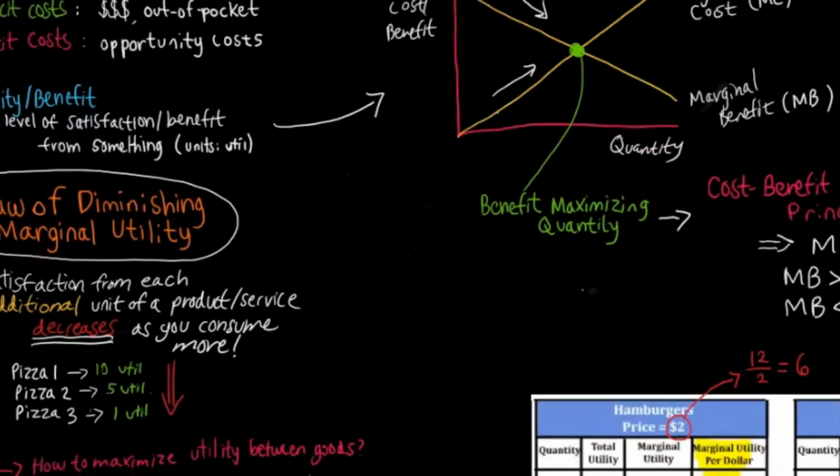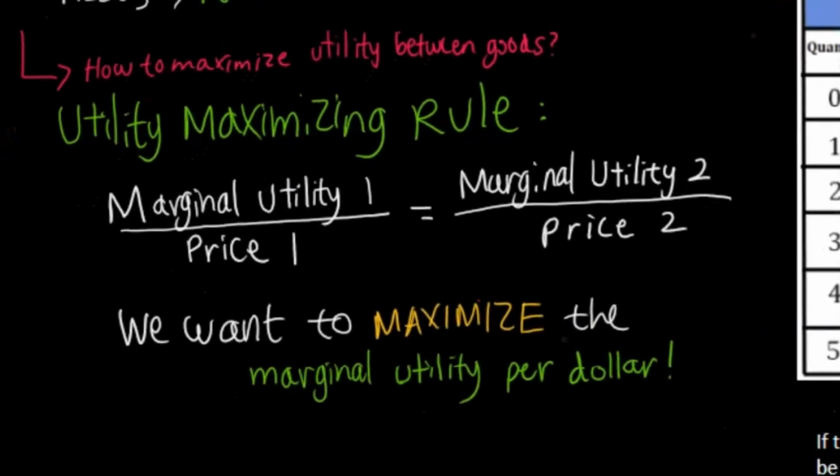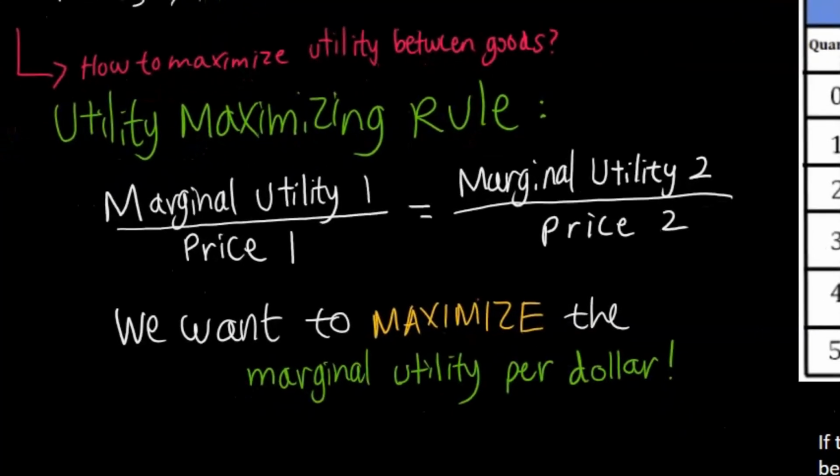Okay, that's cool and all, but with topic 1.6, we want to understand it in terms of actual numbers and problems, okay? So how do we maximize utility between certain goods? If we have two goods, how do we maximize the amount of satisfaction we get from them? Well, this is where we come to the utility maximizing rule. It's pretty simple.